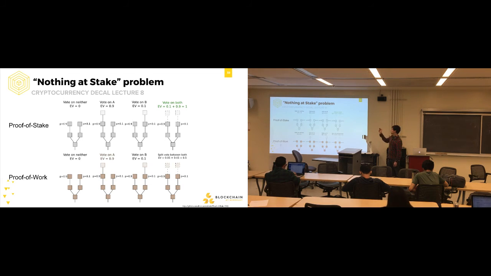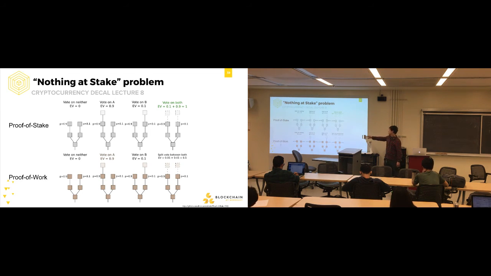So under proof of work, you either have to pick one chain or the other, so either A or B. So if you pick A, so we're looking at the bottom, for proof of work, your expected value is 0.9, because that's the probability that that chain will be adopted by the network.